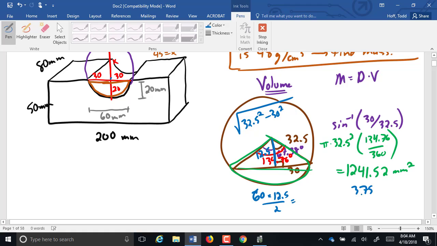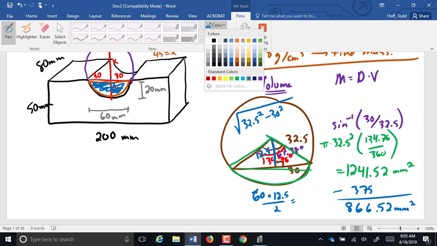So is that 375? Does that look right? So then we subtract. Yeah, that looks right. 866.52. That is this area right here.